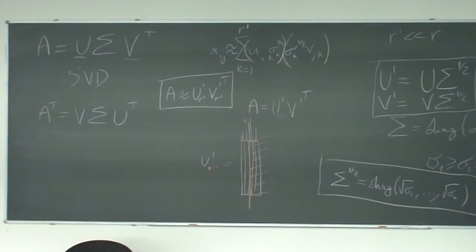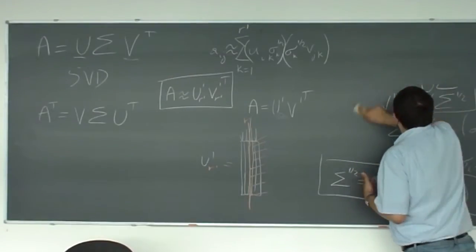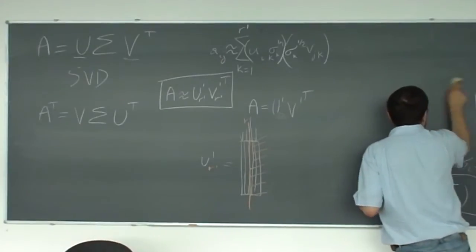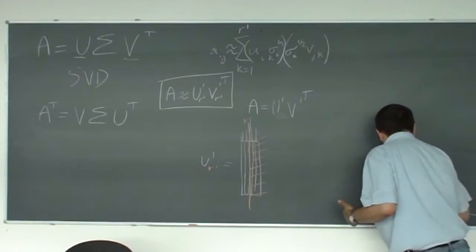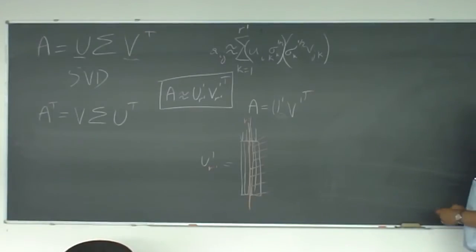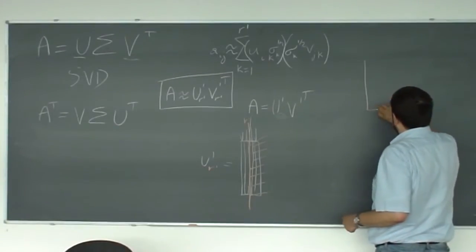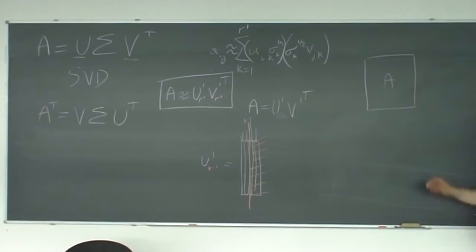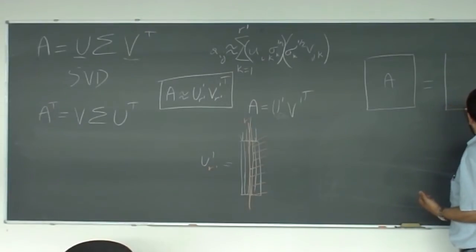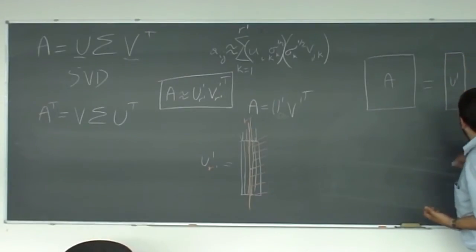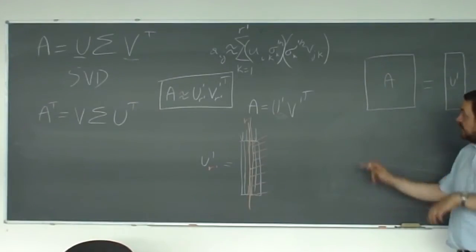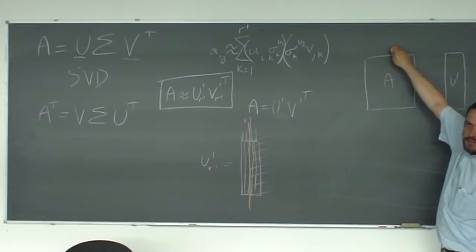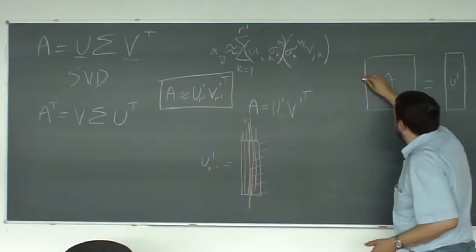So what we get is an approximation of this kind. If this is matrix A, we took the matrix U prime of... I don't remember the names I used for rows and columns, but let's use the standard ones this time.